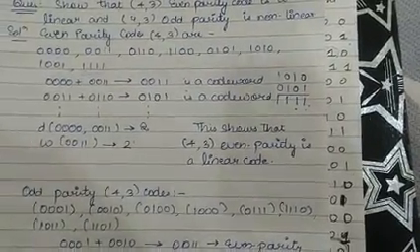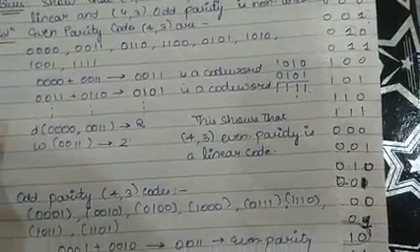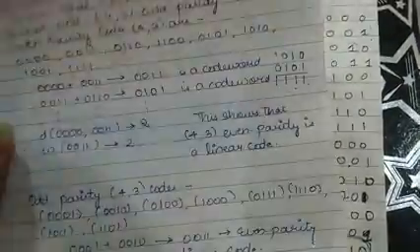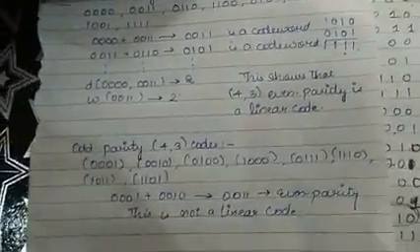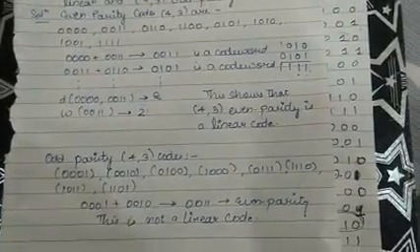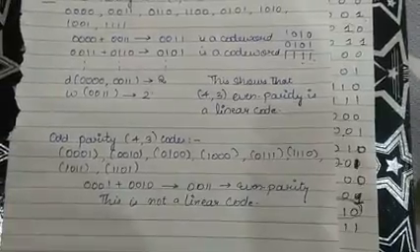So we covered block codes and linear block codes in this lecture. Please students go through all these block codes, Hamming codes and linear block codes, so that you can understand the concept. Thank you so much.